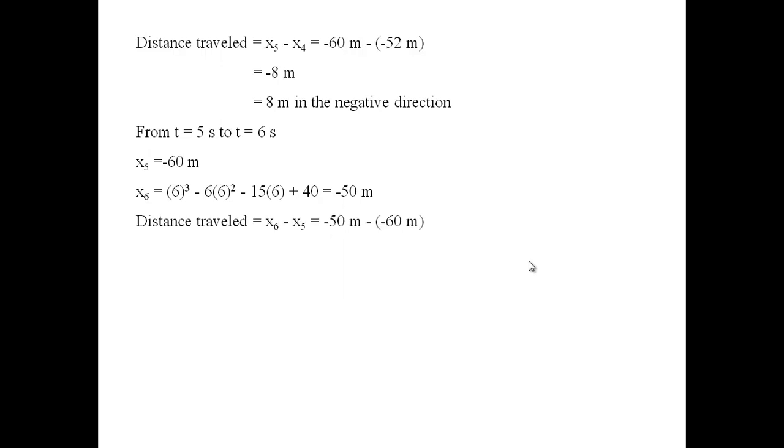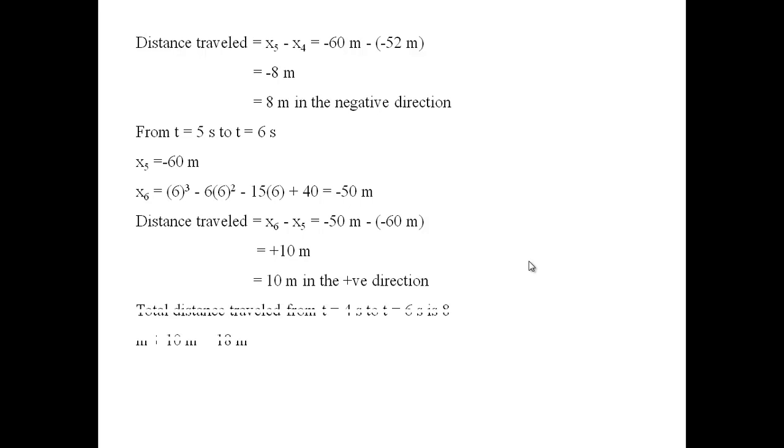So the distance traveled during 5 seconds to 6 seconds is positive 10 meter, which denotes 10 meter in the positive direction. So the total distance traveled from t is equal to 4 seconds to t is equal to 6 seconds is 8 meter plus 10 meter, that is 18 meter.